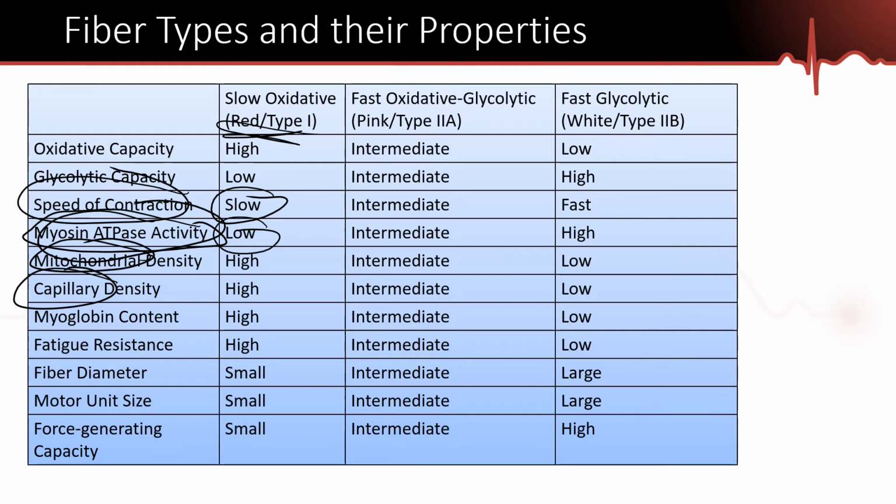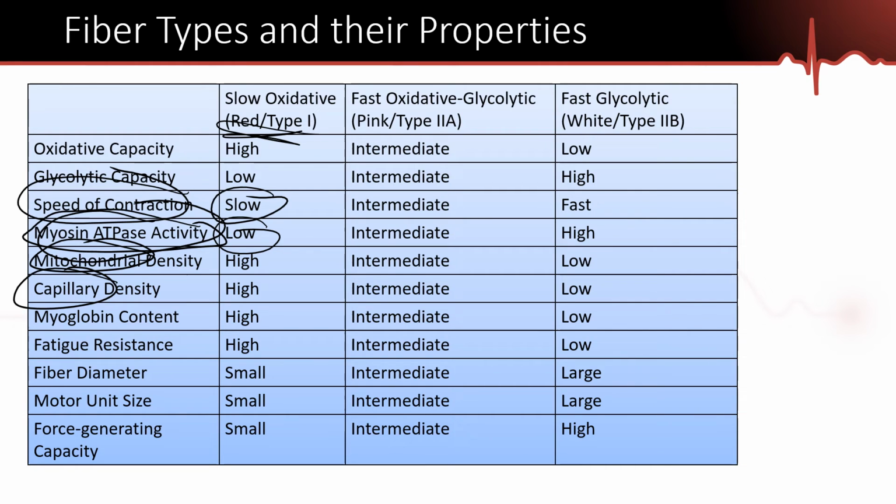But you have to realize, like, fast twitch muscle fibers, they still use oxidative phosphorylation. It's just not the dominant system. Slow twitch muscle fibers still have the capacity to run something like fast or anaerobic glycolysis and the phosphagen system, but it's not the primary system that they utilize.